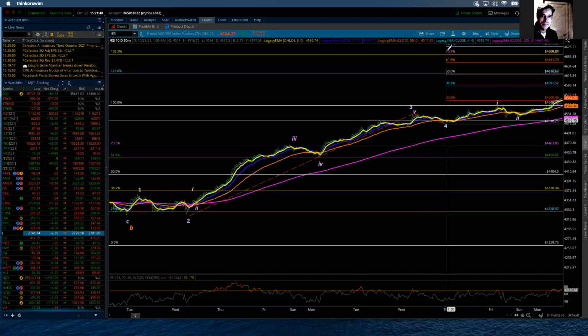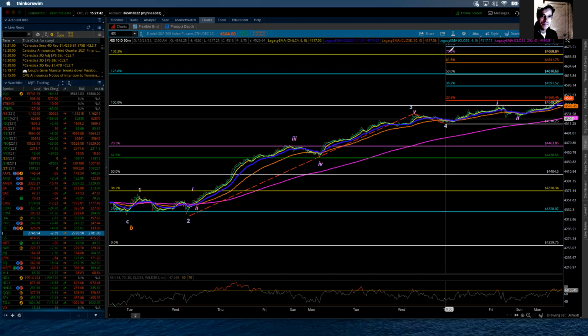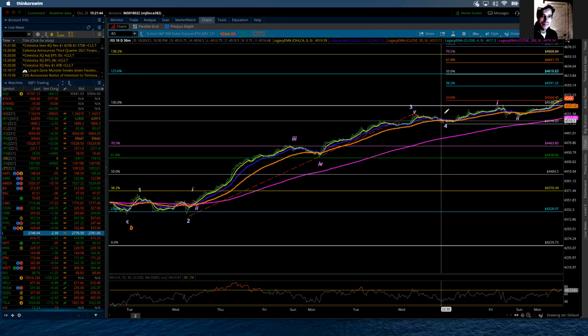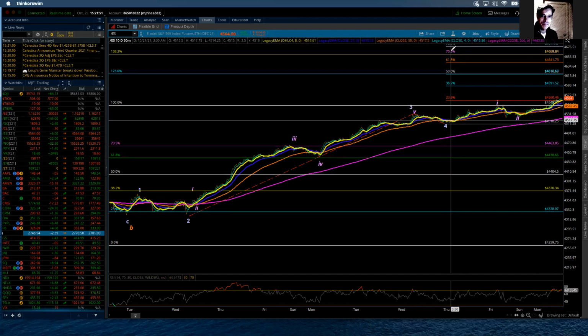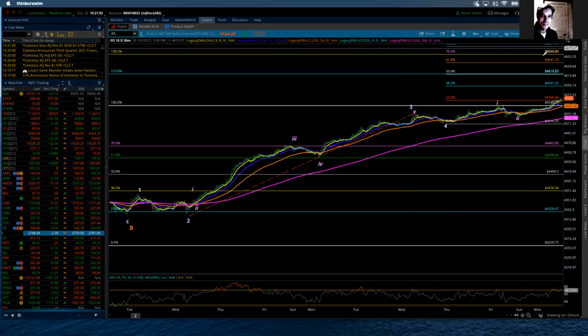And then we have 70.5, which is considered in some areas a sweet spot, and that would be where minute wave 5 would be 70.5% of minute 3. This is also a high probable chance.